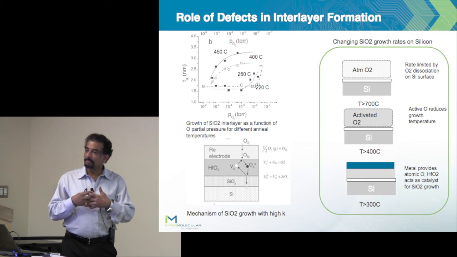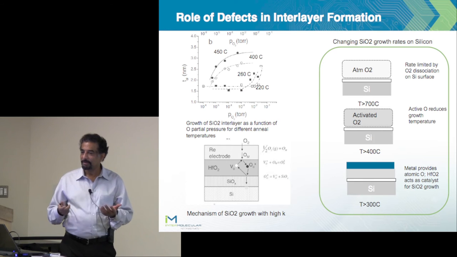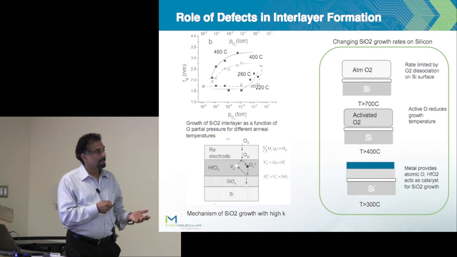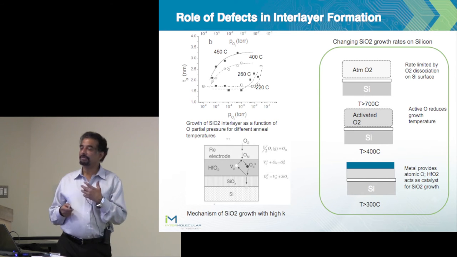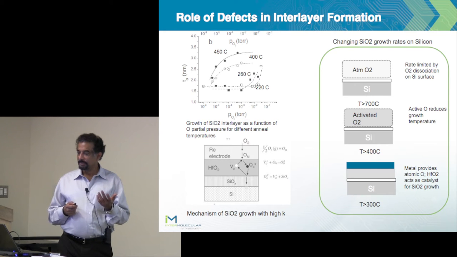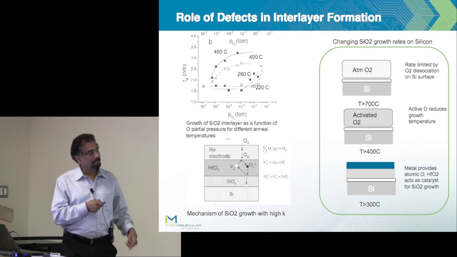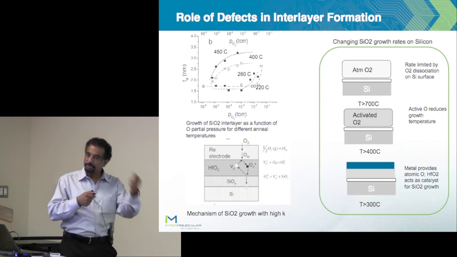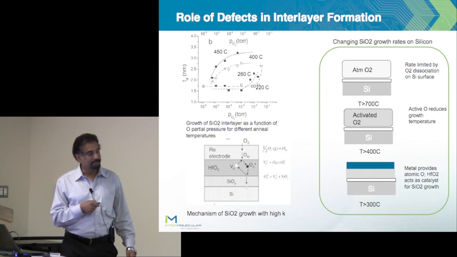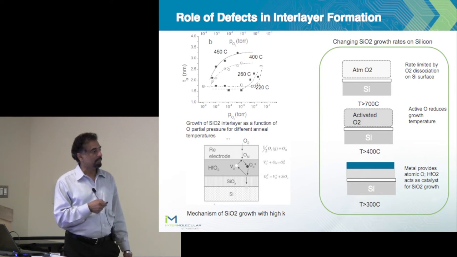The metal electrode breaks up the oxygen into oxygen atoms, and the hafnium oxide has oxygen vacancies. The oxygen combines with the vacancies and diffuses through the hafnium oxide using the vacancies, or you can think of the vacancies as moving up.